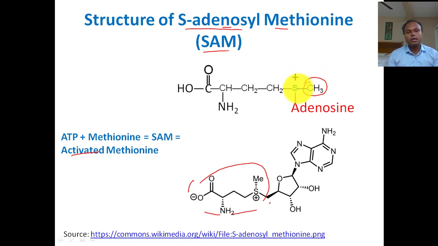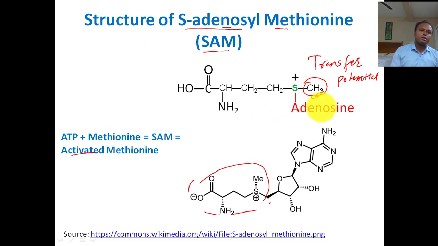In other words, this type of compound, SAM, has a very high transfer potential. Transfer potential means a very high capacity to transfer the methyl group.